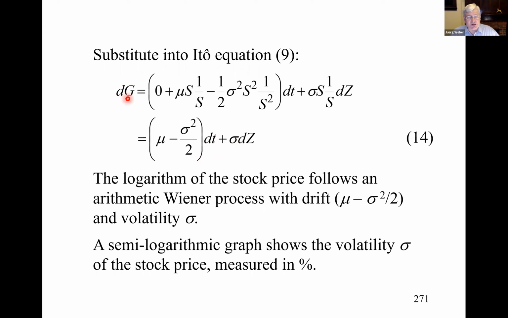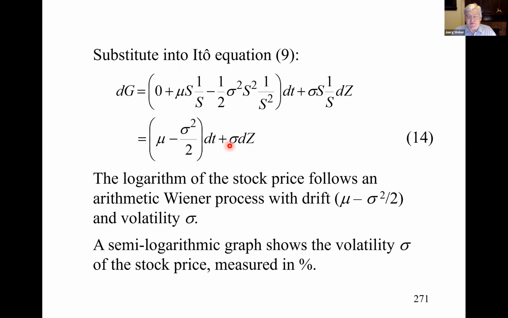The dG is a change in the logarithm of the share price. That's a percentage change. And so the drift here directly is a percentage change. The mu is the drift in the share price, and then we have to correct a bit for this small term. But mu basically is the rate of change in the share price in a time period, maybe 5% or 7% up.